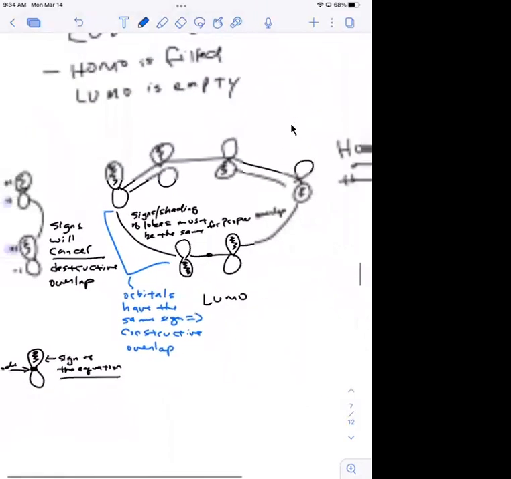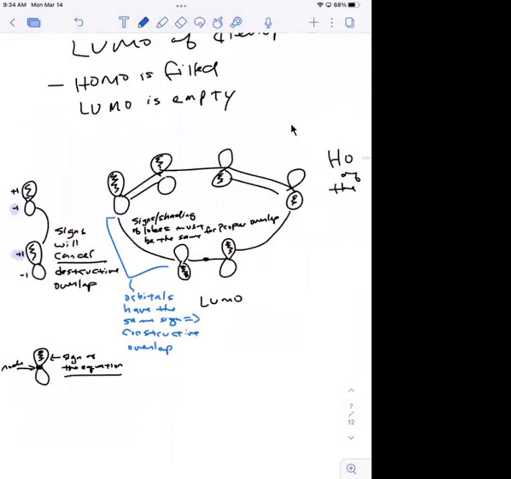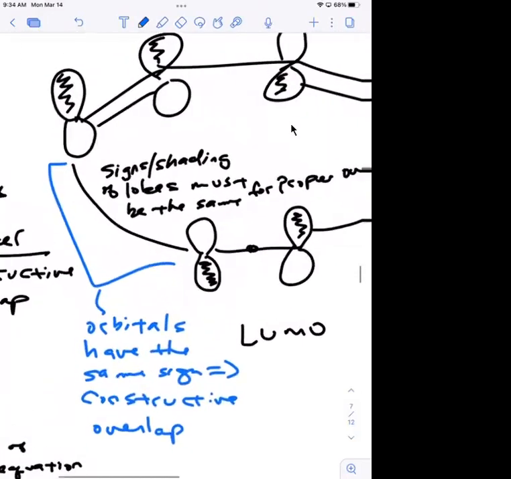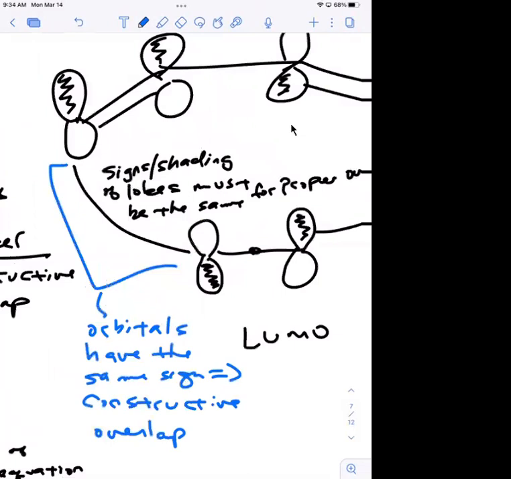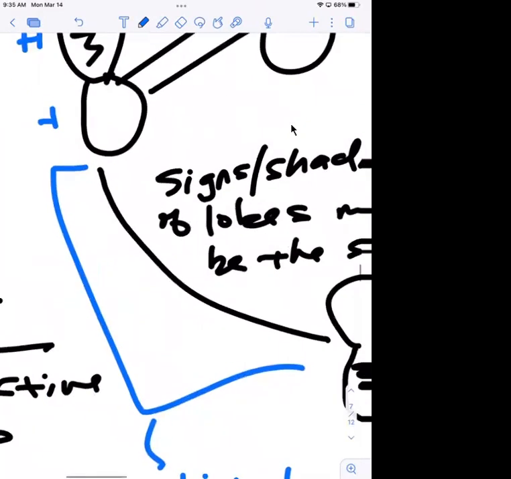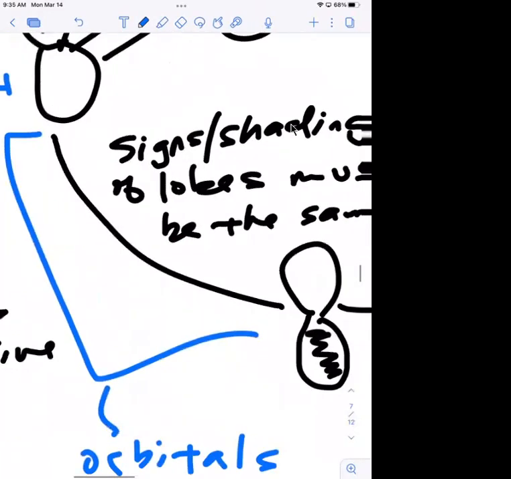All right. Does that make sense now? I get the destructive overlap, but I don't understand how they have the same sign for the constructive overlap. Oh yeah. So here again, if this is +1, this is -1. Unshaded is minus and shaded is plus. This is going to be -1.